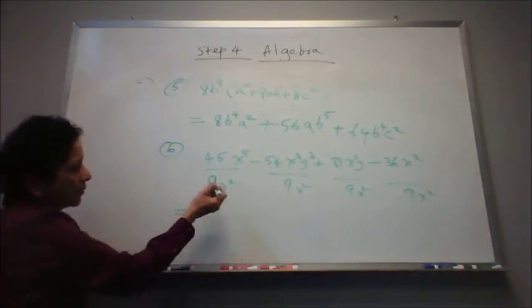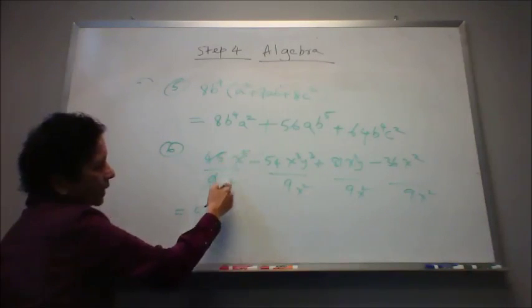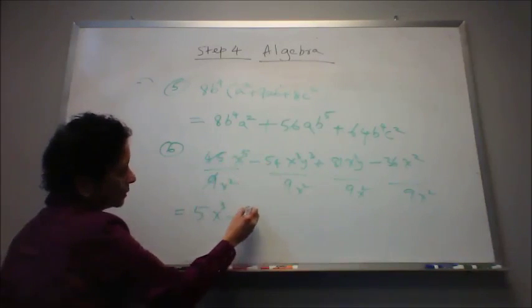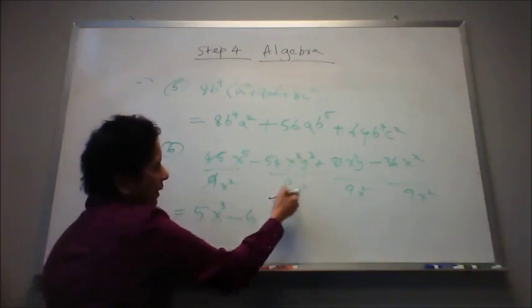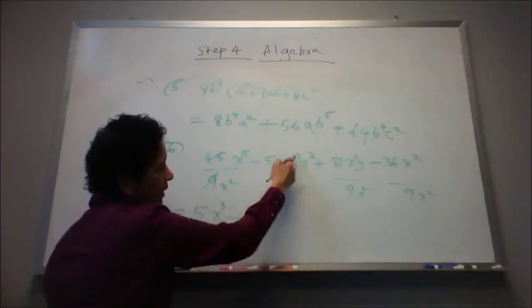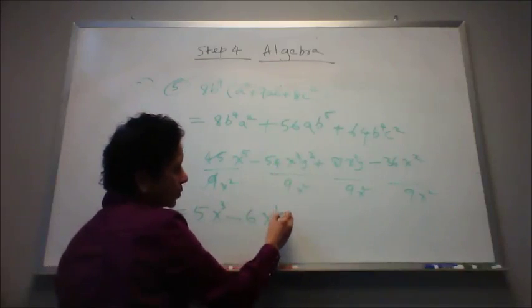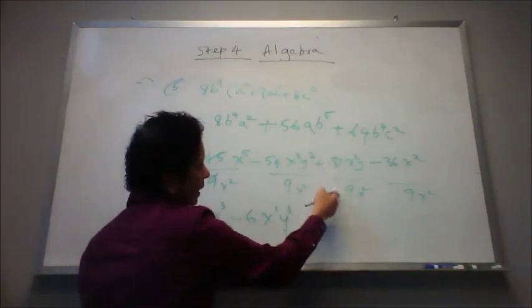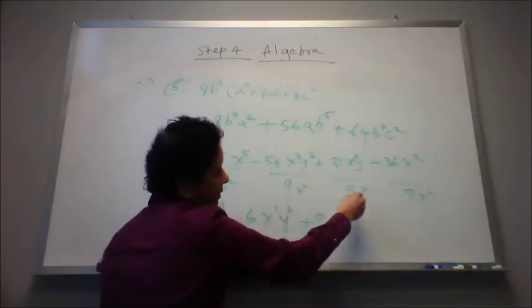So then you can common factor this and that, it'll go 5 times, and then 5 minus 2 is 3, so x cubed, and then 54 over 9, that's 6 times 9 is 54, and then x cubed over x squared, that's going to be x to the 3 minus 2 is 1, and then y cubed, there's nothing on the bottom, so you just leave that alone, and then plus 81 over 9, that's 9, x squared gets canceled, right?